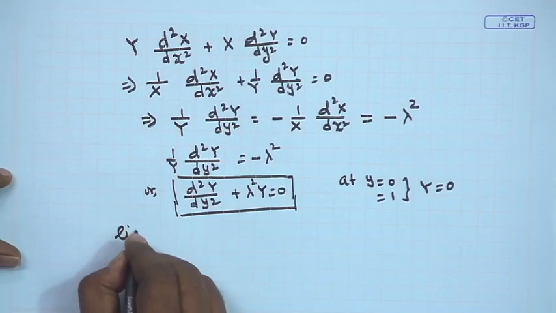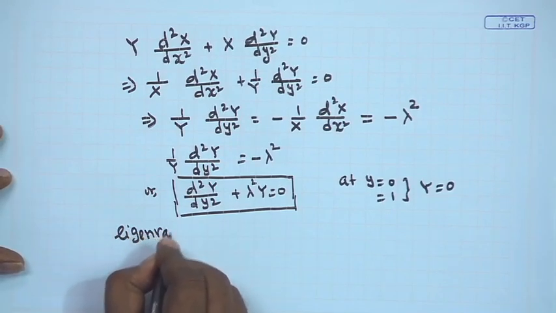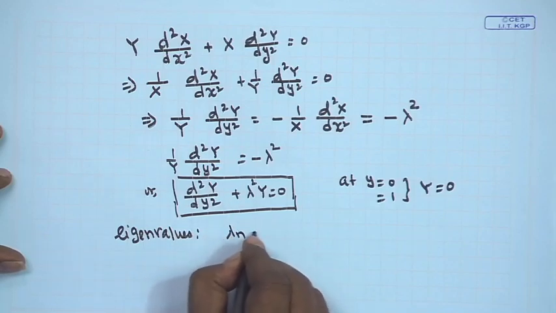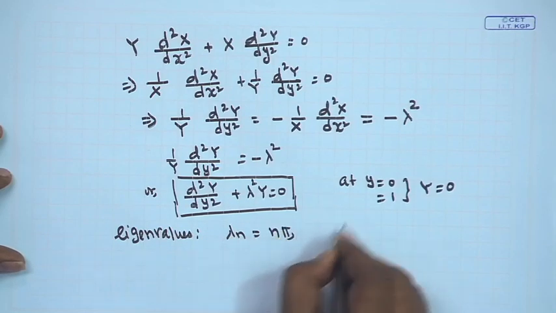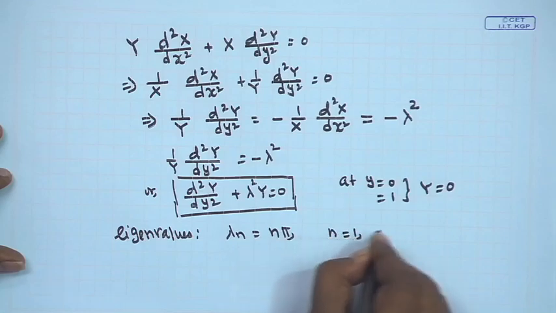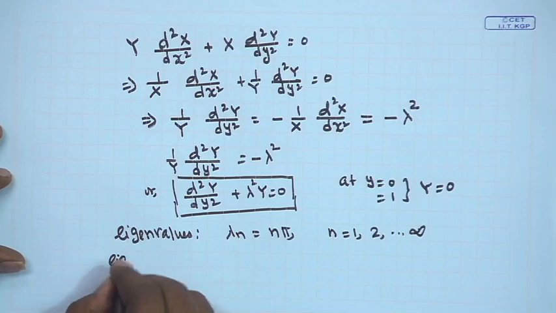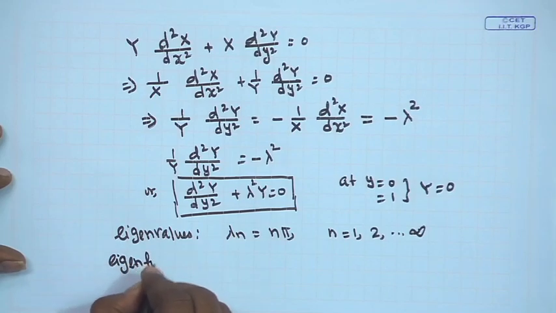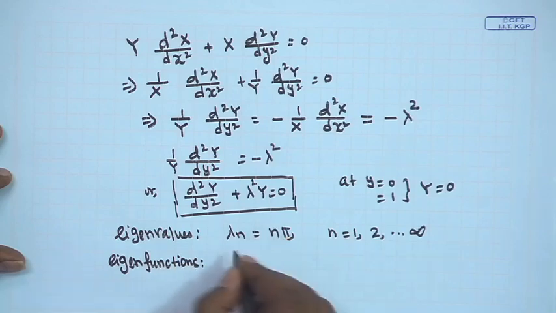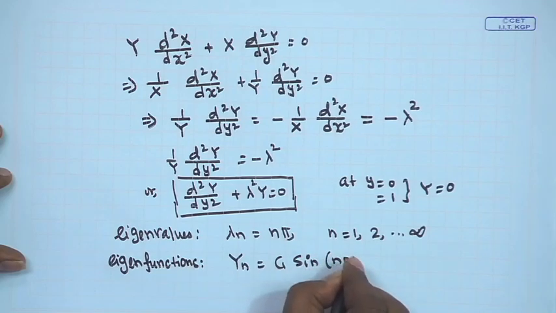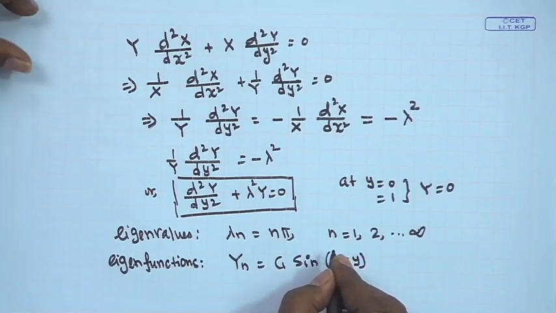The eigenvalues are n pi, where the index n runs from 1 to infinity, and eigenfunctions are the sine functions, Y n is equal to C 1 sin n pi y.